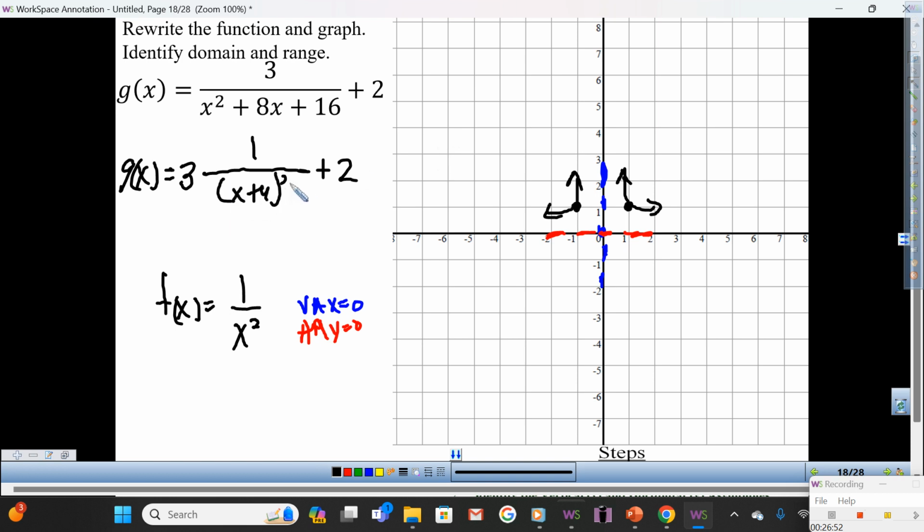X plus 4 squared. That is correct. So this was 16 and 8. So that means 4 times 4, or 4 plus 4 gives us 8. And there you go. So, not bad, not bad.